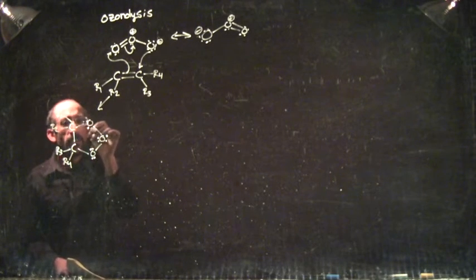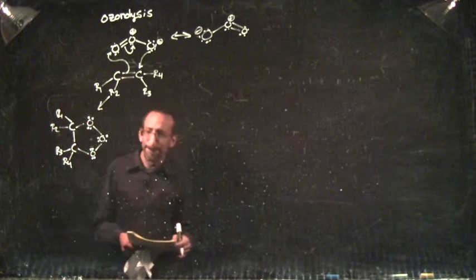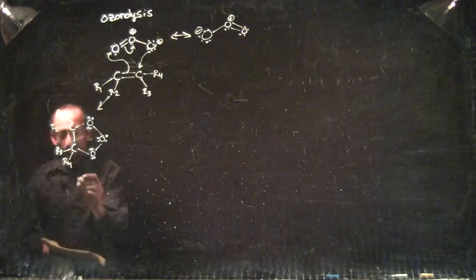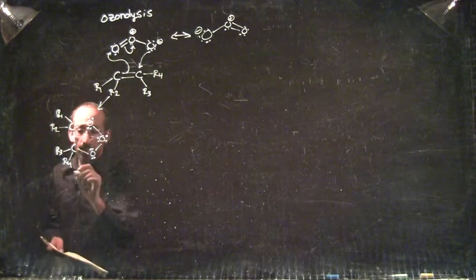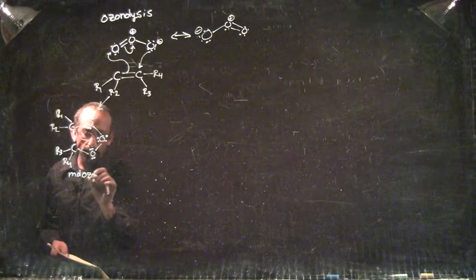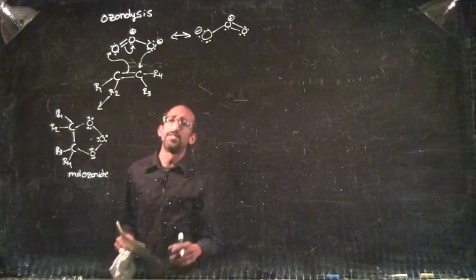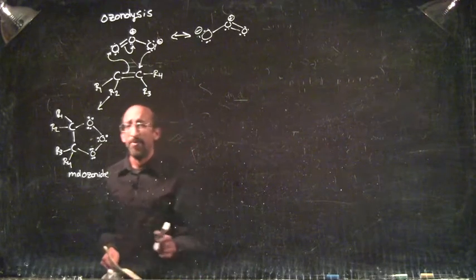And we're doing arrow pushing, so we're going to remember to keep all of our electrons there. This intermediate is known as a molozonide, and it is extremely unstable. It wants to fall apart.